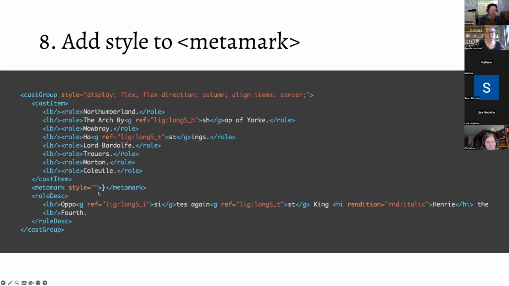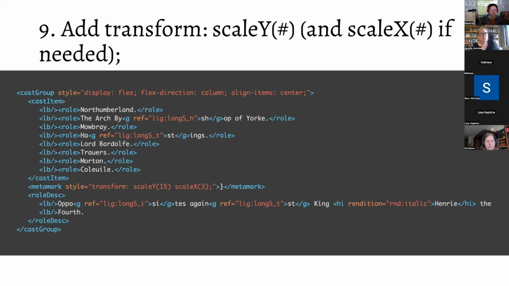Then we're going to add style to our meta mark. So this has said that everything here is going to be flex. It's going to be a column, but then we also need to style the actual bracket itself. The first thing that you're going to need to add as a value of style is our transform property.